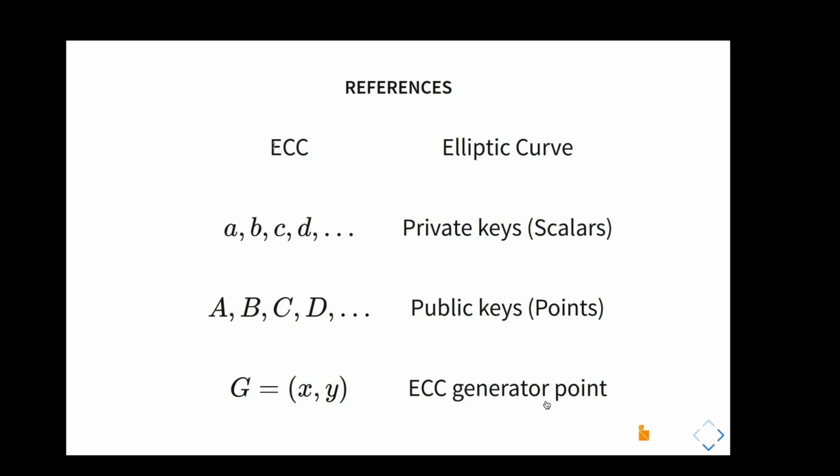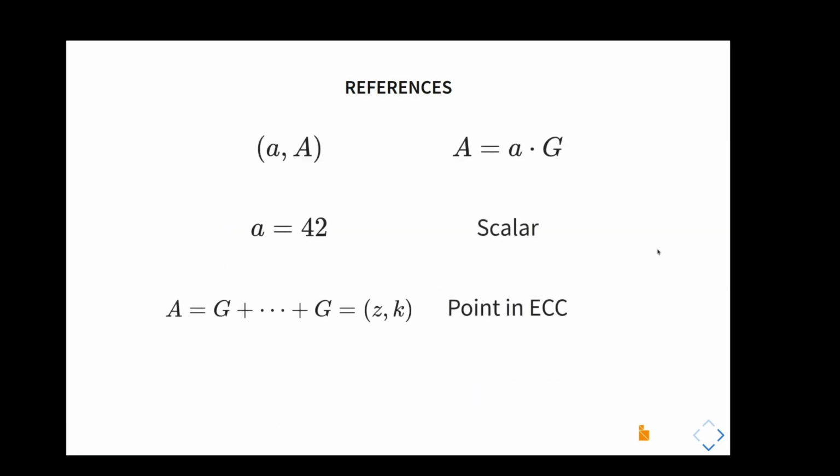I will use ECC to refer to elliptic curve, lowercase letters a, b, c, d to talk about private keys, and capitalized A, B, C, and D for public keys, and G to refer to the generator point of the elliptic curve. Here, the first letter is the private key, and the second letter is the associated public key.